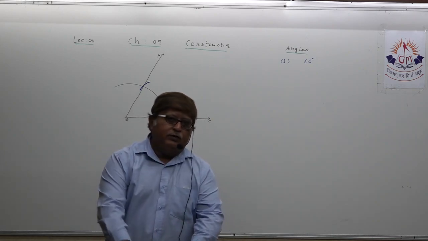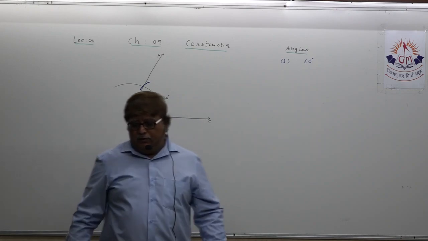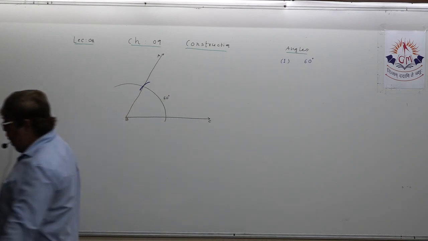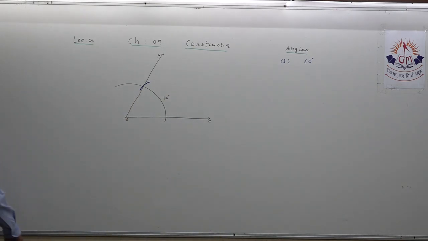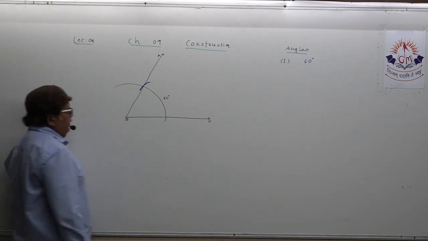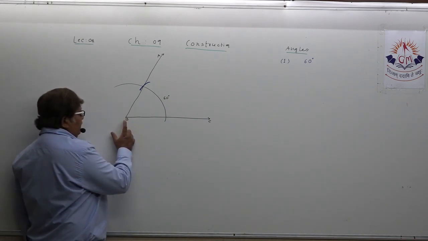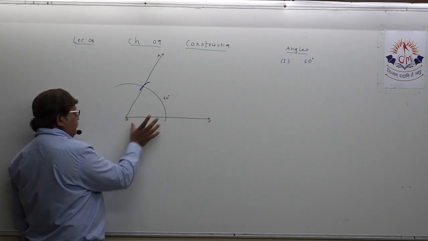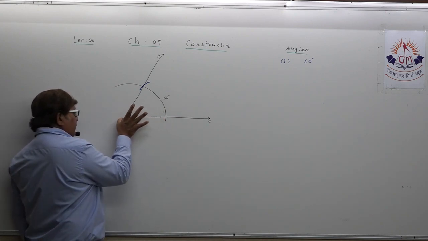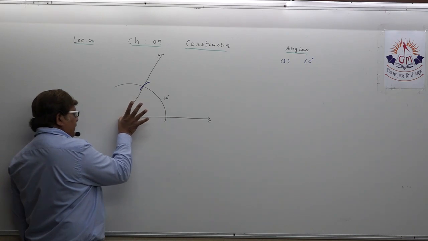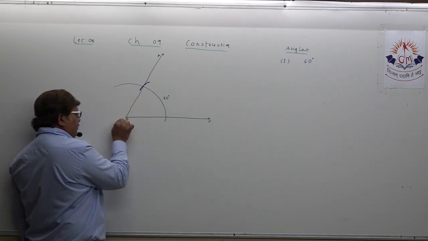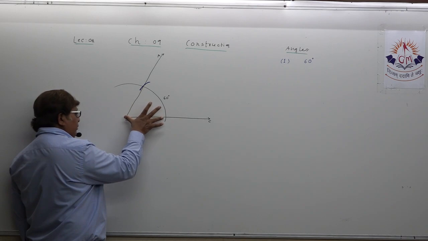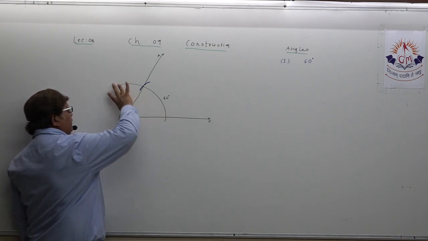I am giving you 1 minute to see and complete the construction, if you have missed anything. What to do in making an angle of 60 degrees? One ray, centering the compass at this vertex, taking some appropriate radius, you draw an arc.